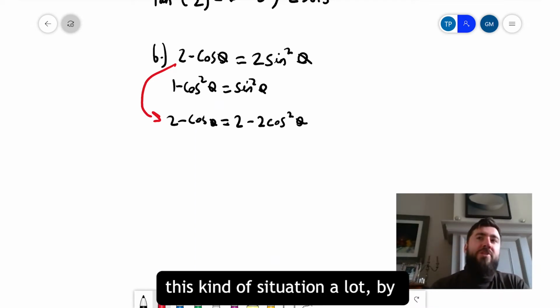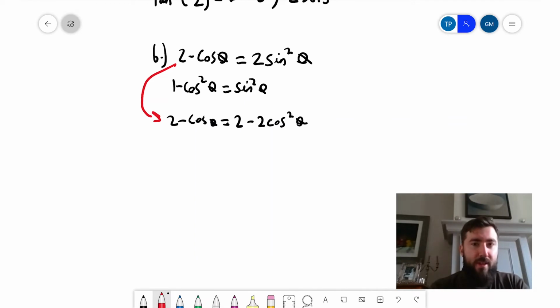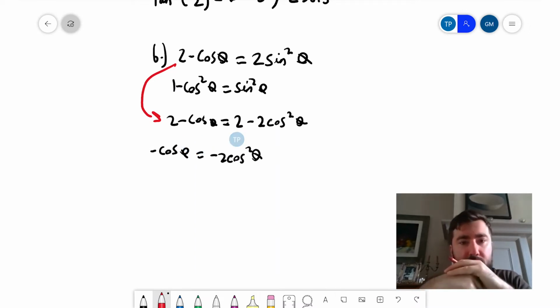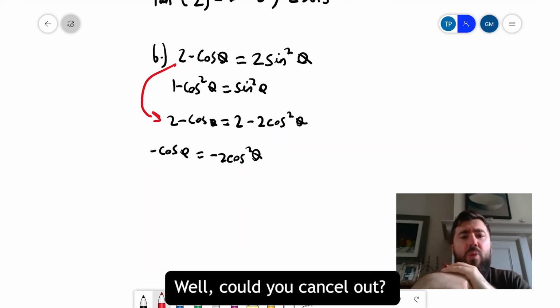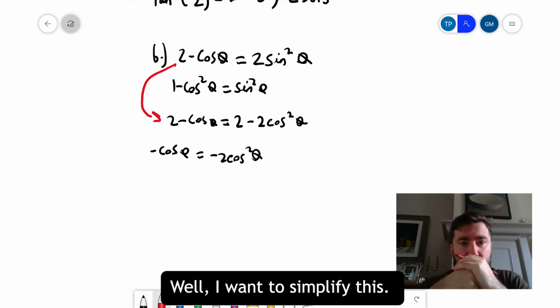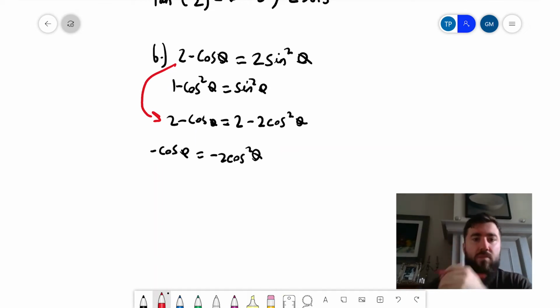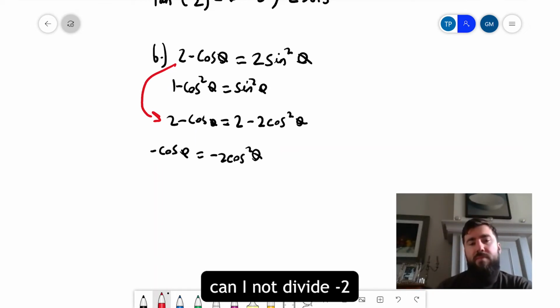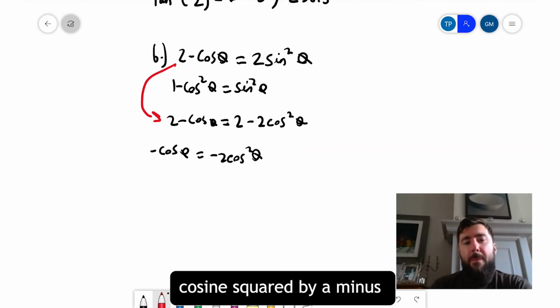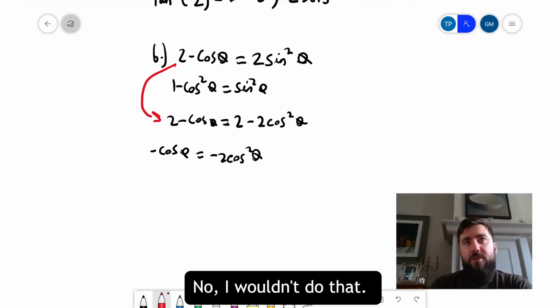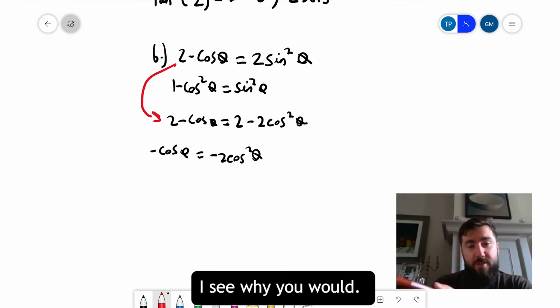You will come across this kind of situation a lot. So minus cosine theta is equal to minus 2 cosine squared theta. I cannot divide minus 2 cosine squared by minus cosine. No, I wouldn't do that. I see why you would.